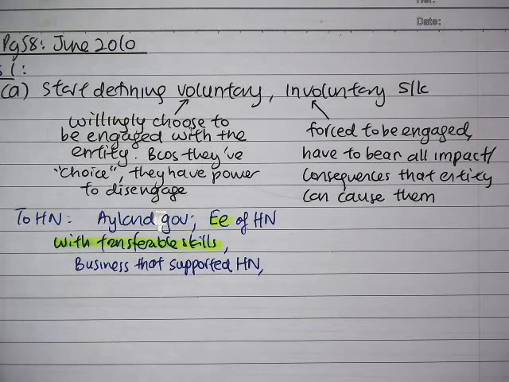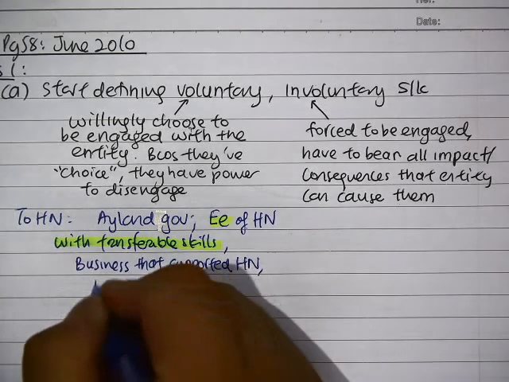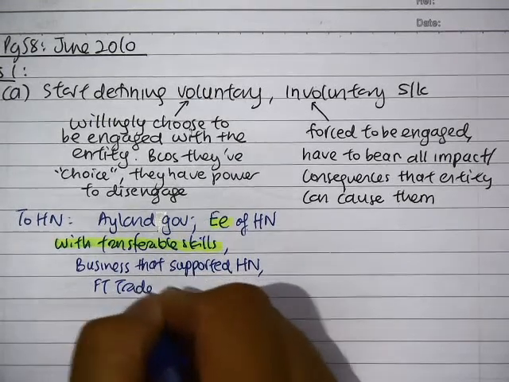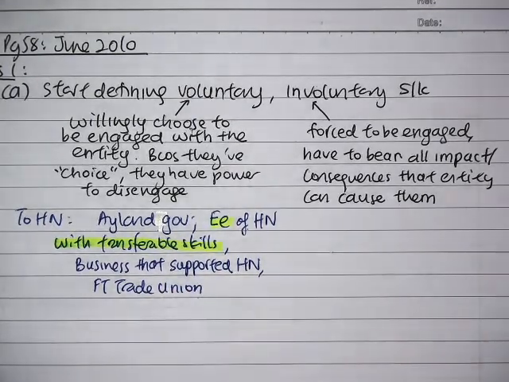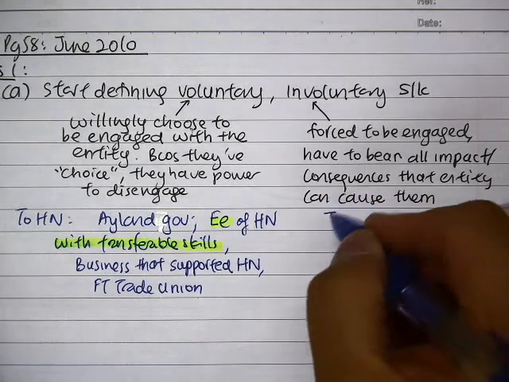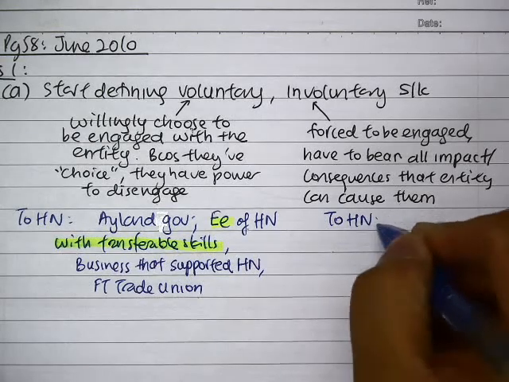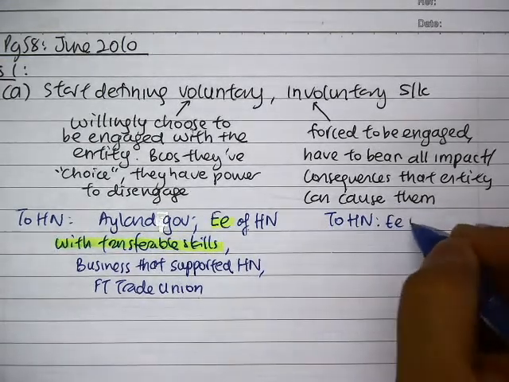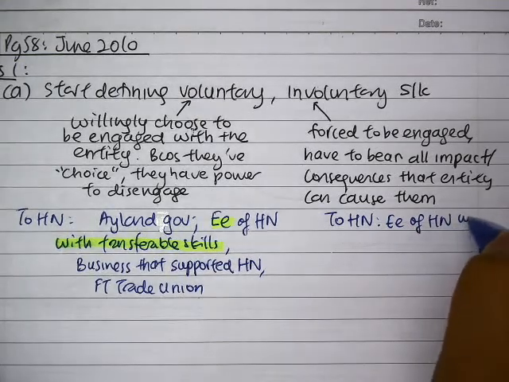Understand? Not? Even though yes, employee is a stakeholder, but you still have not explained to me voluntary. So you must say employee of HN with transferable skill. Understand? Not? This is very important to reflect that the word employee is correct.